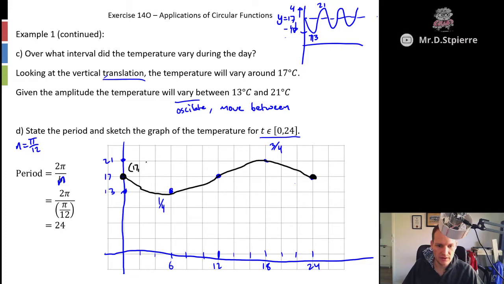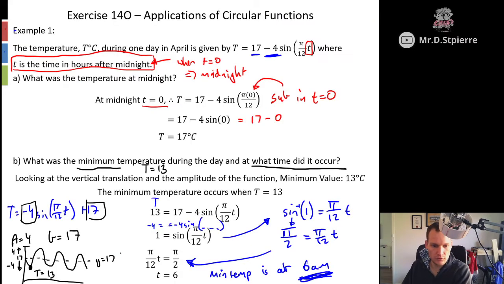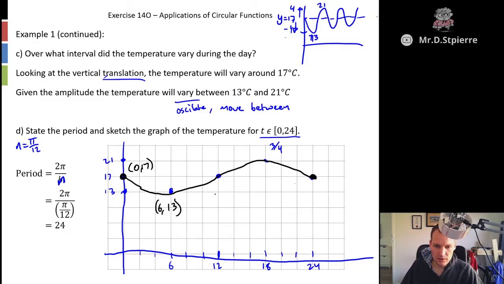So that is 0, 17, not 7. Our quarter point is at 6, 13, which we also knew from part B back here. We got a minimum of 13. We can label this point, it's easy enough too.